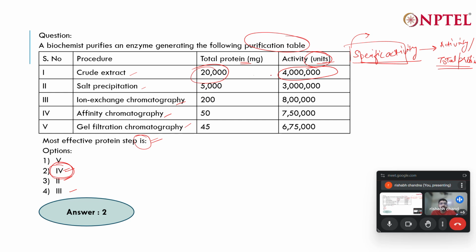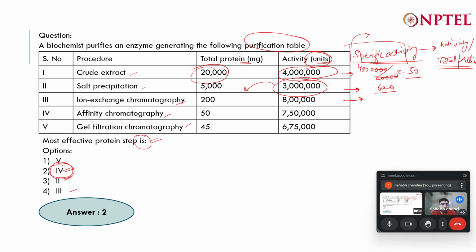So if we calculate the specific activity of the first step, it comes out to be 50, right? Followed by the second step, it comes out to be 600. We just divide enzyme activity by the total protein amount that we are getting.